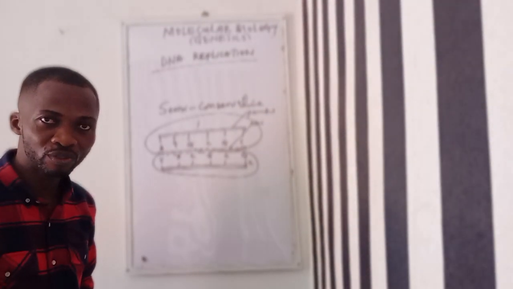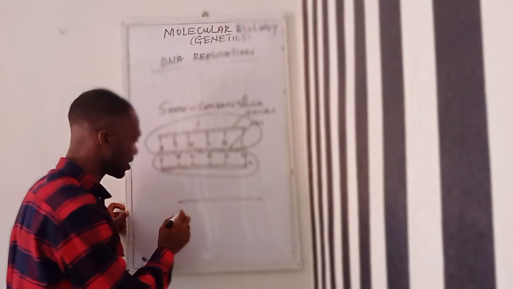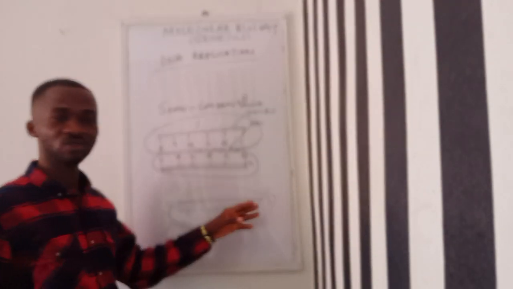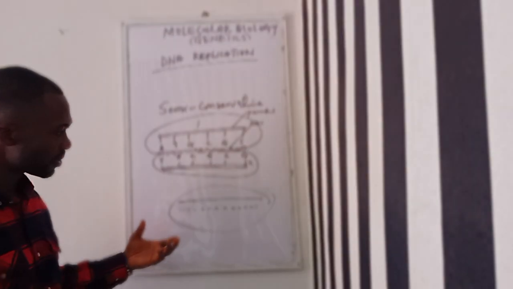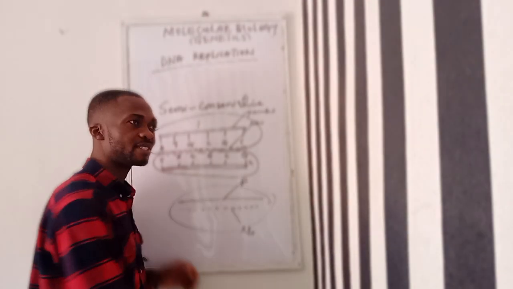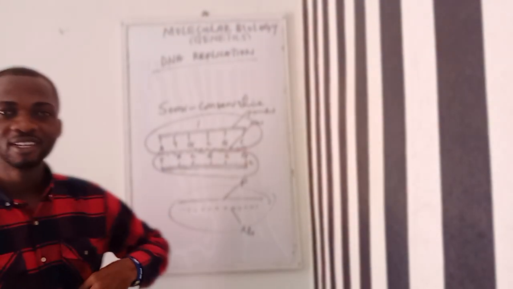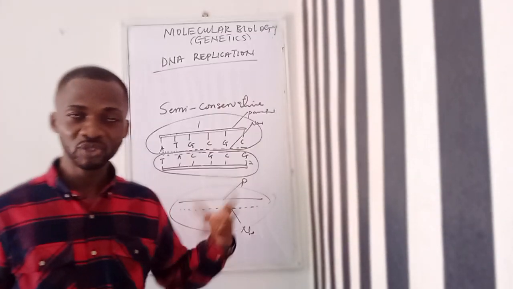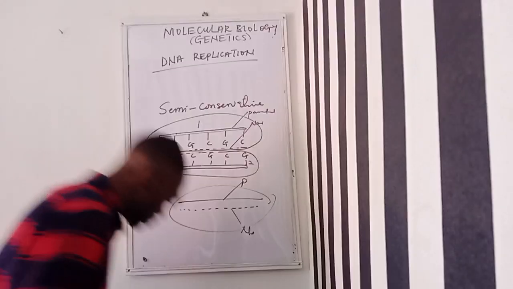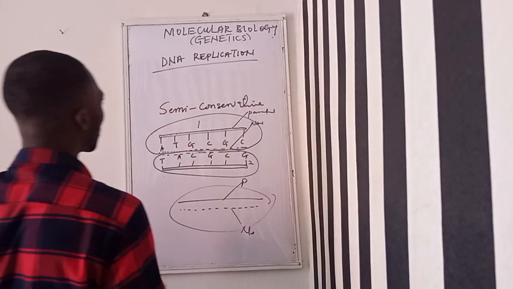So every offspring strand you see contains one parental strand and one newly synthesized strand. I'm just using these dots to indicate the newly synthesized strand. So this is the method called the semi-conservative method. But we want to look at DNA replication.